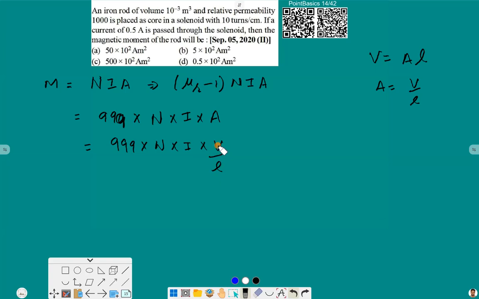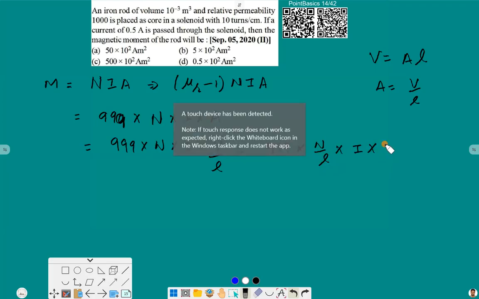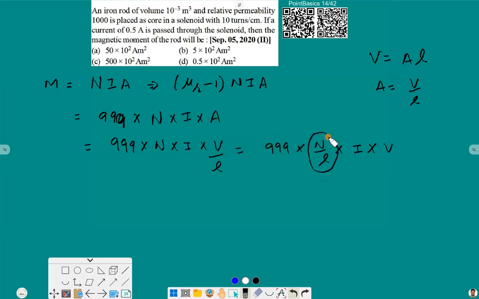Now we have the value of V available with us, but we don't have the value of N. So what we do? We move this L to N, so this becomes 999 into N by L into I into V. Now this is the number of turns per unit length.